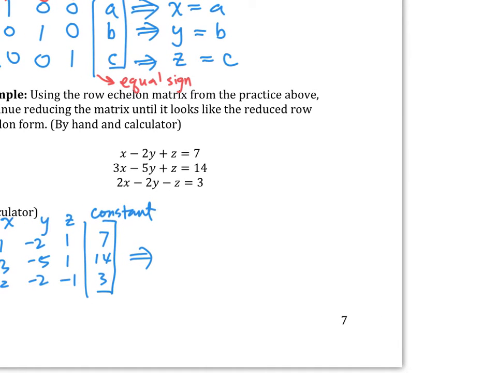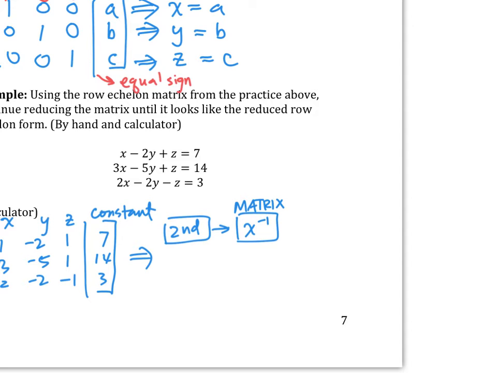To enter a matrix in the calculator, what you're going to do is press the second button, and then press the x to the -1 button. That is on the left-hand side, 4 buttons down from the top, because on top of that, it says matrix. So you want to go into the matrix function.